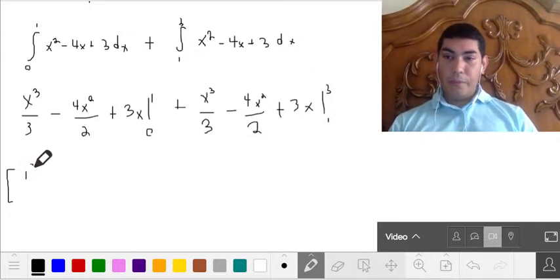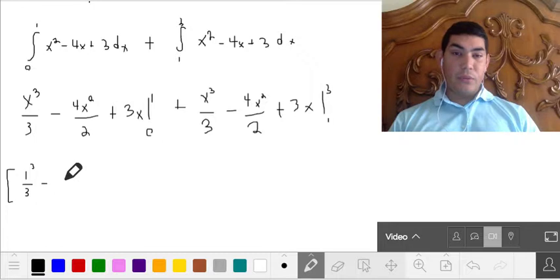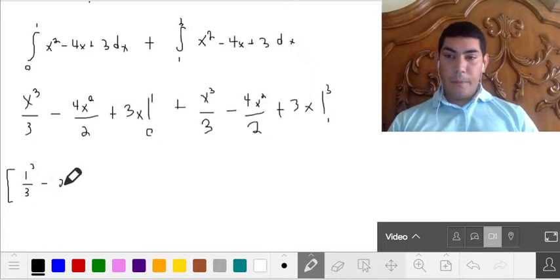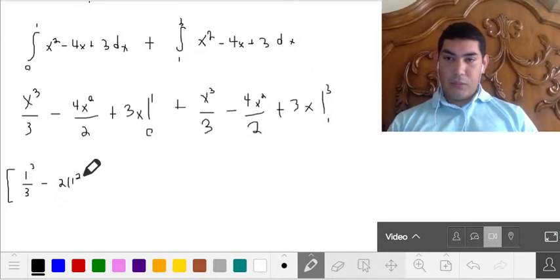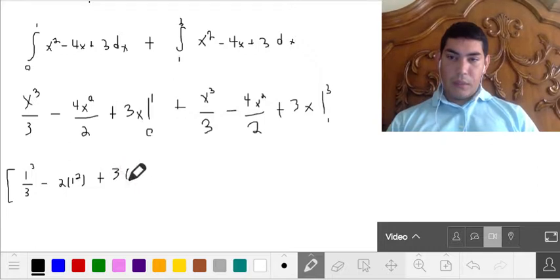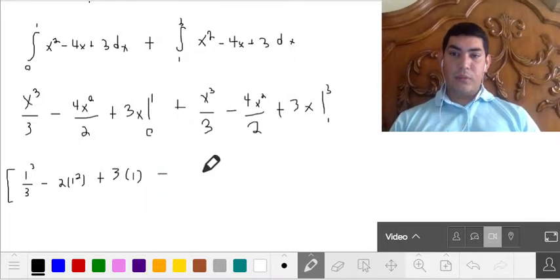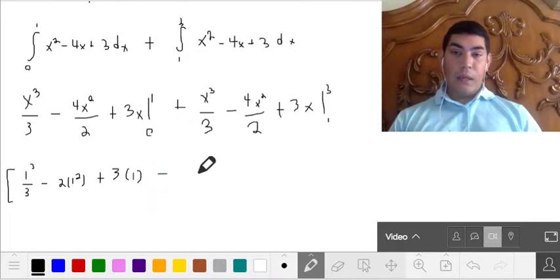So 1 cubed divided by 3, minus, like I mentioned, 4 over 2 is just 2, so I'm going to write 2 times 1 squared, with parentheses notifying that we're multiplying there, plus 3 times 1, minus, and now for x we're going to use 0.